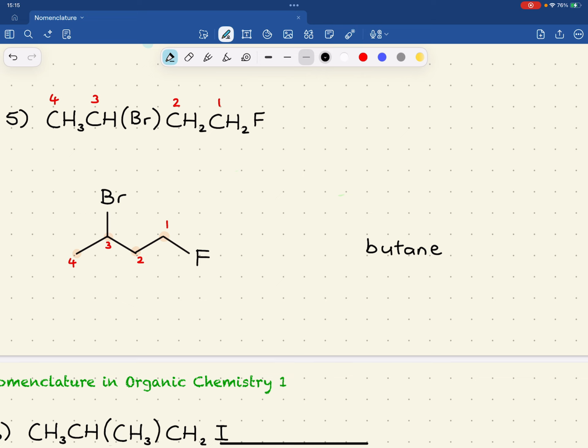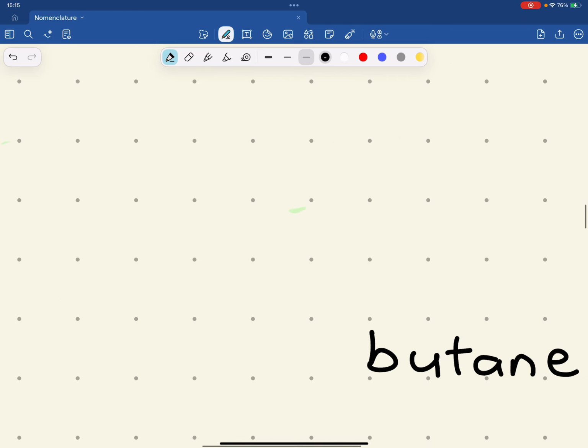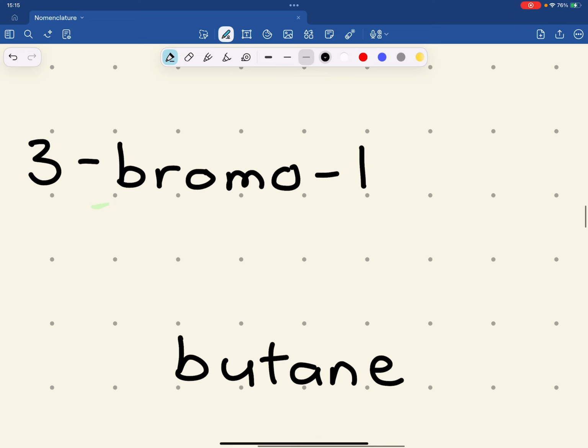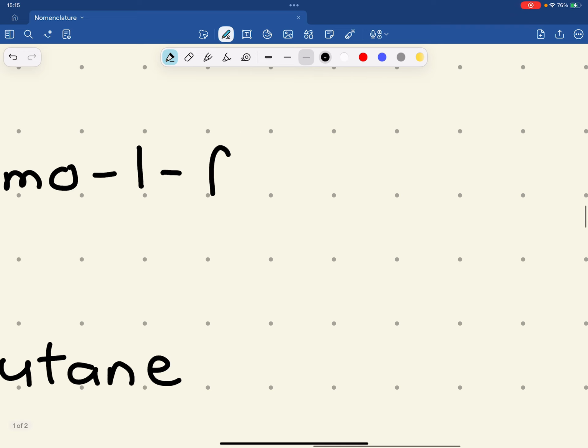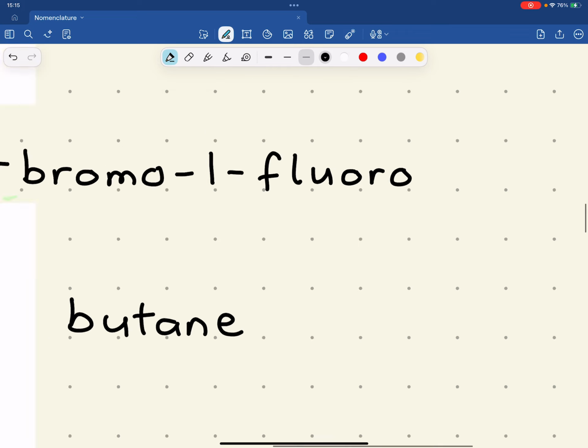So what we actually do is you would write these prefixes in alphabetical order. So in reality, this is going to be 3-bromo-1-fluorobutane.